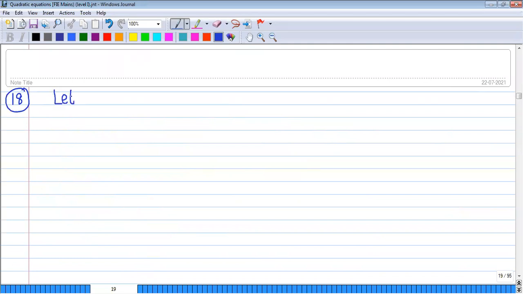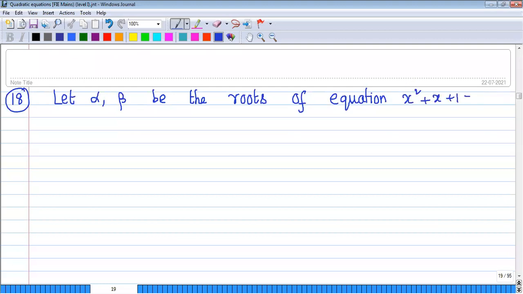Let alpha, beta be the roots of the equation x square plus x plus 1 equals to 0.